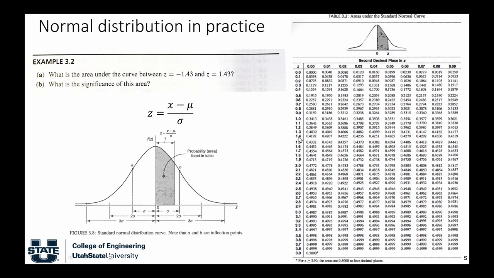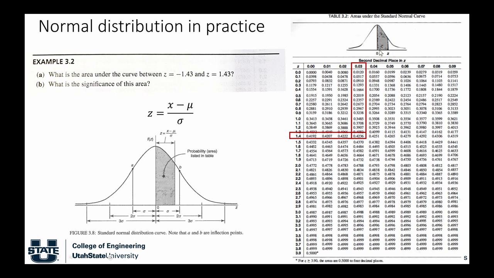So we go down here to 1.4, and then this next value, the 3, we use this top area over here. So we go 1.43. So you can see it is 0.4236.